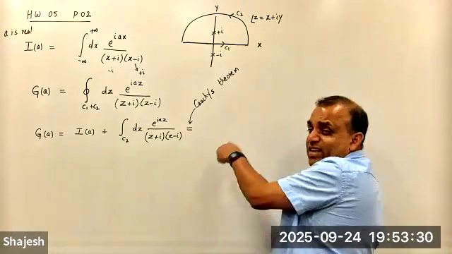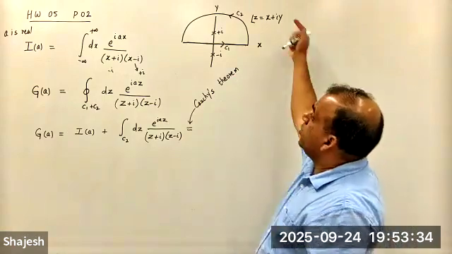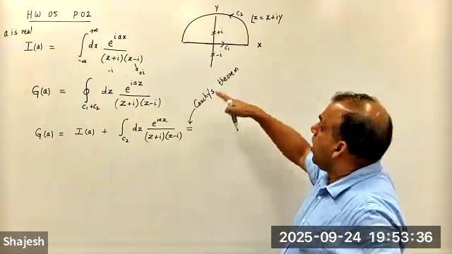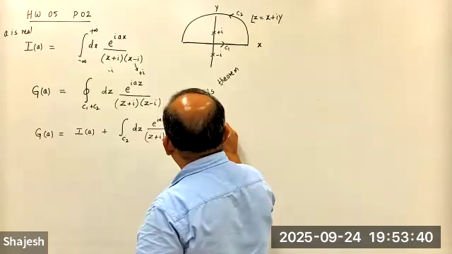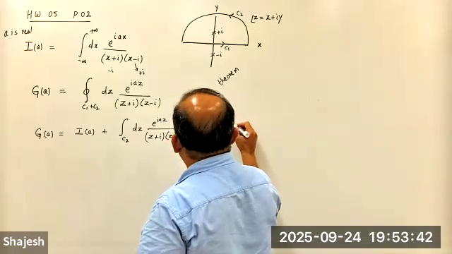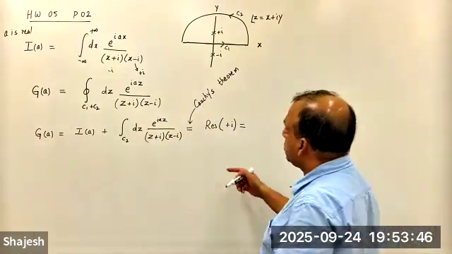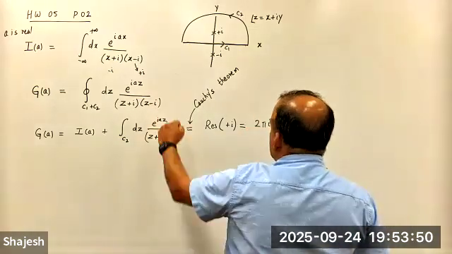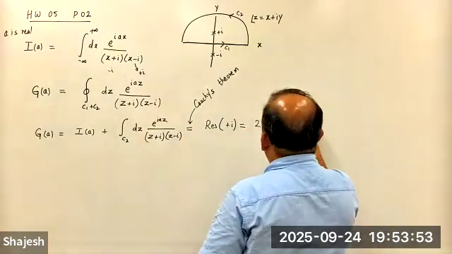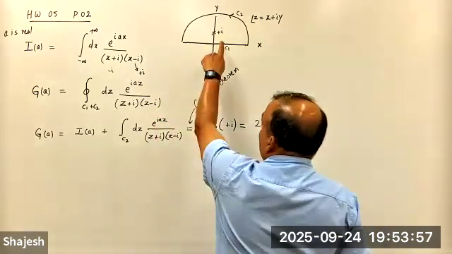How many poles are there inside the contour? Only one, right? If I do it from the top, there is only one. So I have to say it is a residue at plus i, which is equal to 2 pi i times, evaluate this integral, e raised to iaz divided by z plus i.